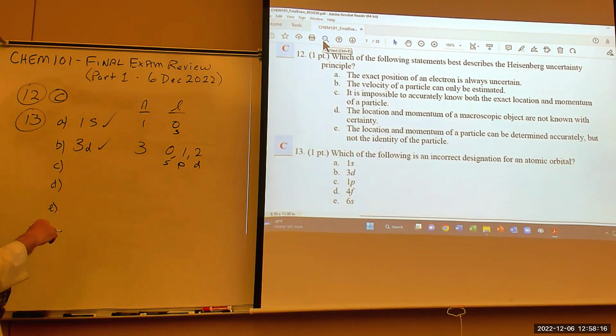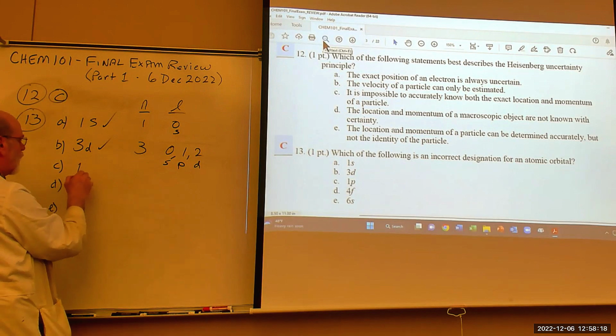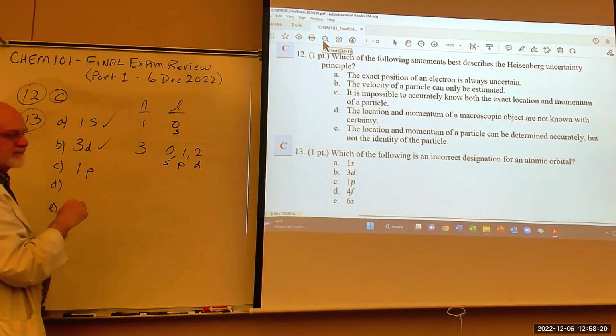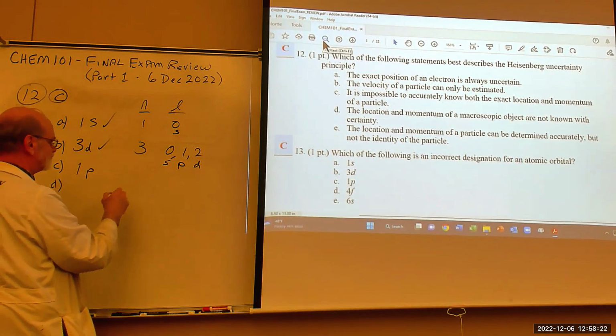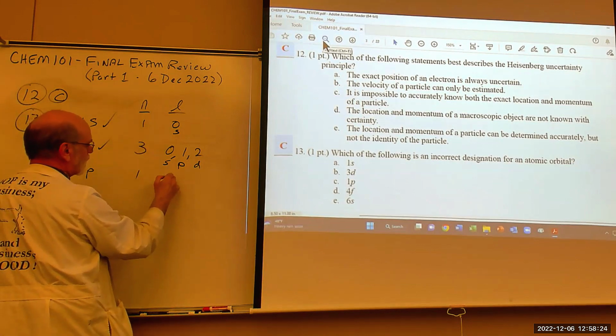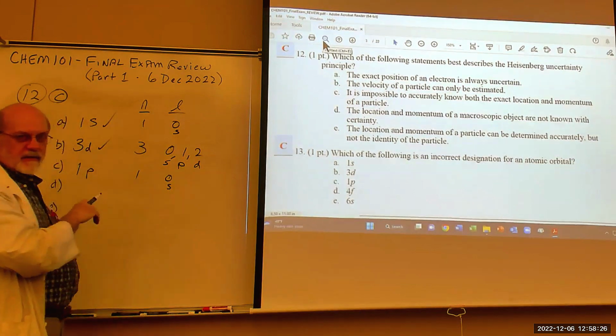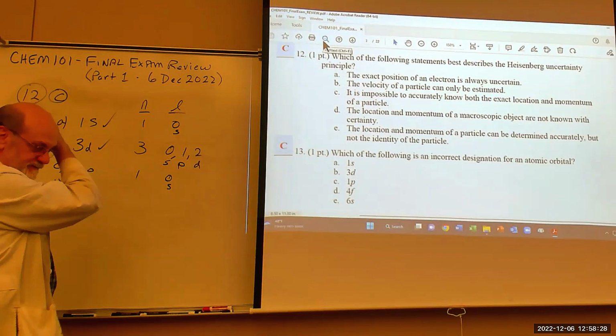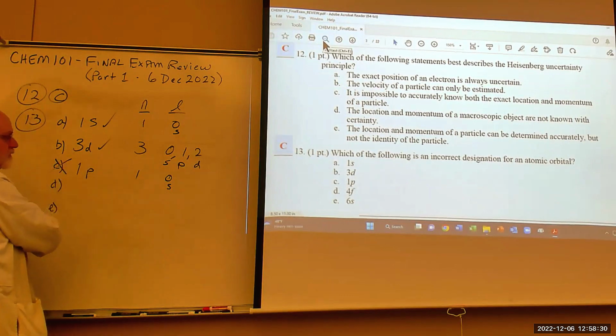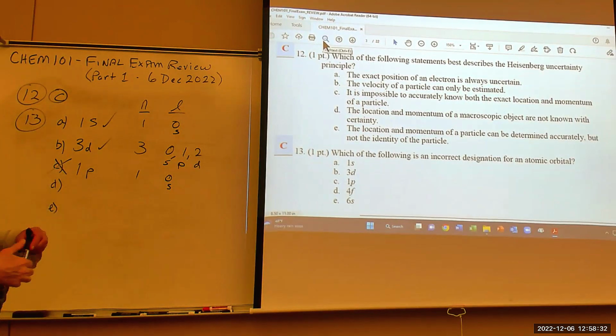Those two are good. How about C? 1 P. Nope. If you have n equals 1, you only have access to S. P's and D's are out. So that one is false. And we found it. We found our answer. It's C.